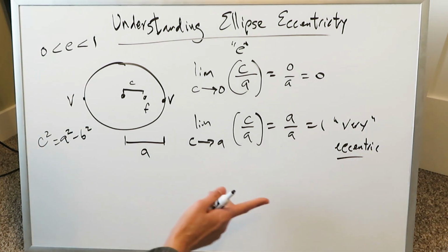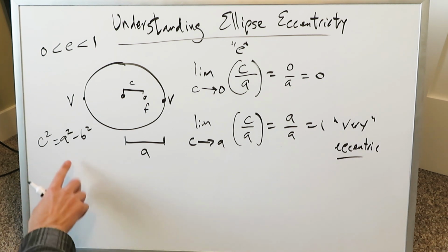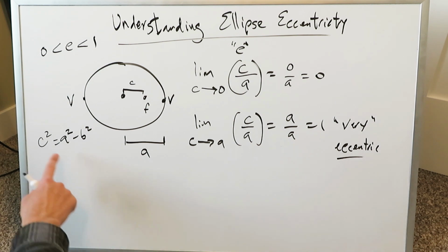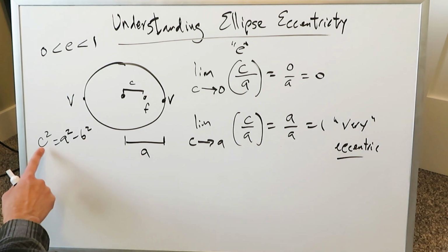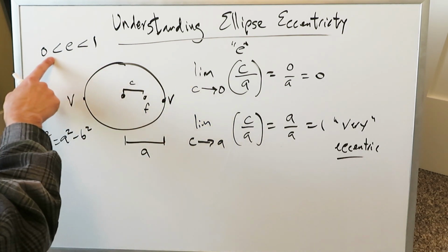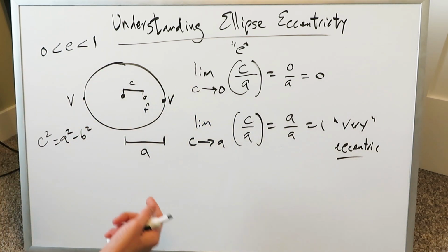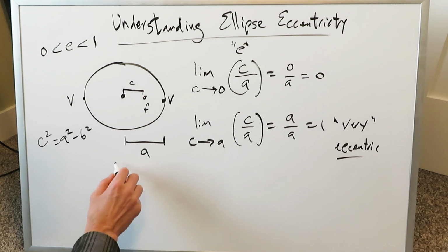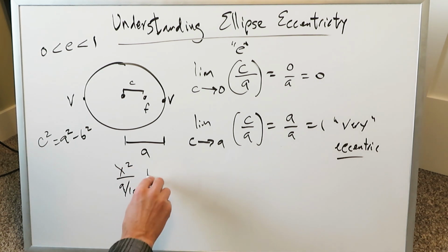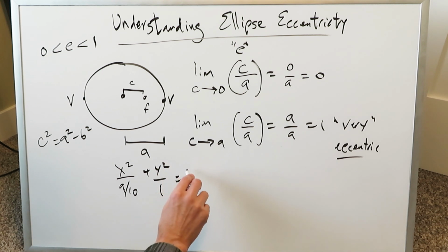Now, as a contrasting example, let's look at the situation where the disparity between these two numbers a and b is very small, because those disparities will translate into a very small c value, and you'll have some situation such as this, where you're approaching 0 in terms of eccentricity, and it'll be more circular. How about something like this? You have x squared over 9 over 10, and then you have y squared over 1 is equal to 1.